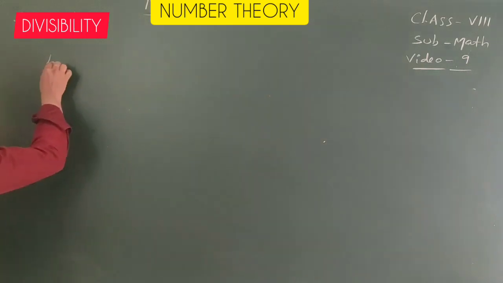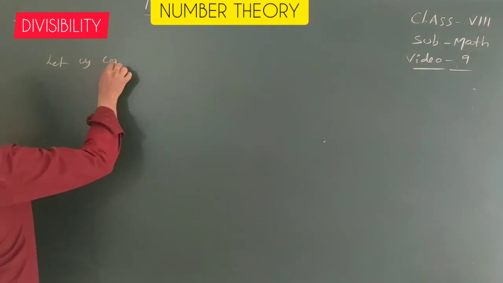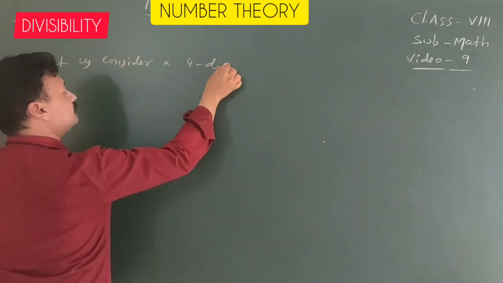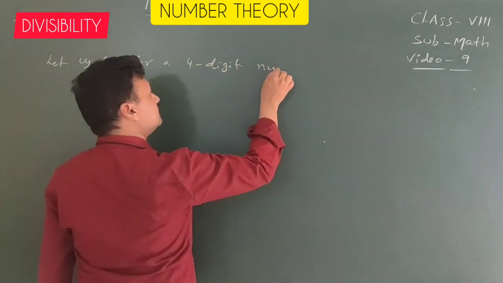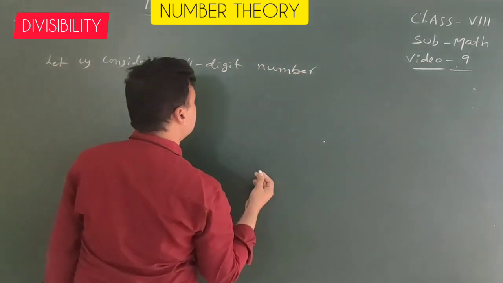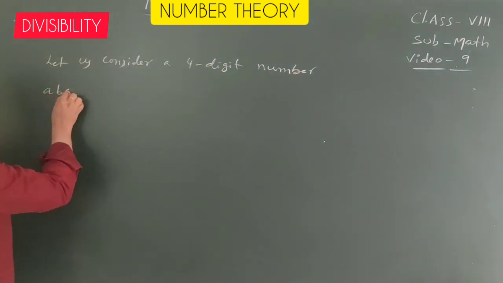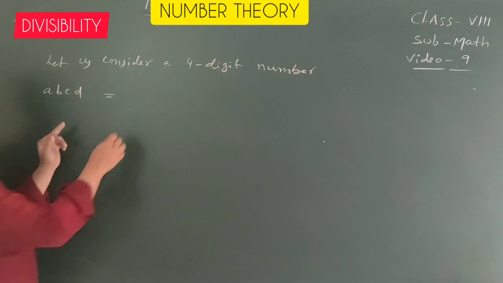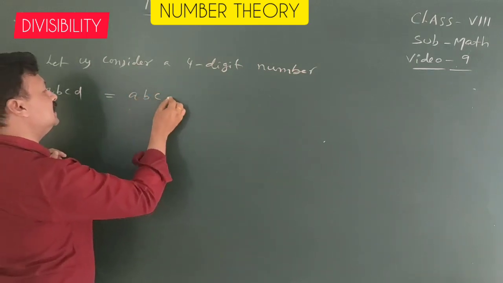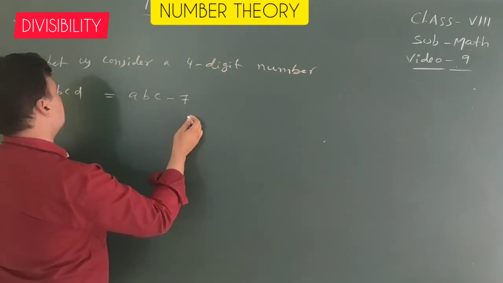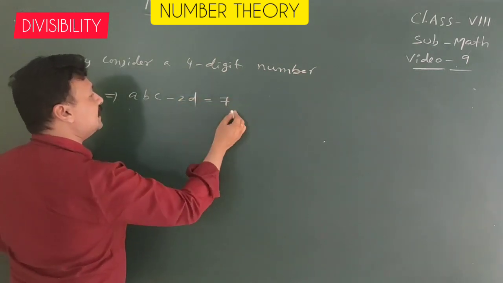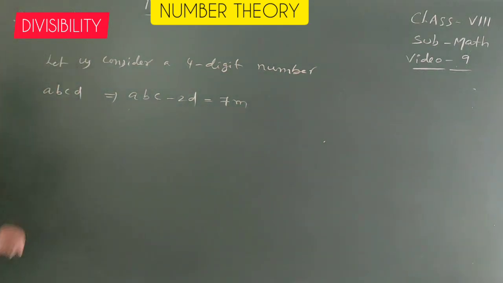Let us consider a 4-digit number ABCD. If you subtract 2 times the last digit, ABC minus 2D, it's a 7 multiple.